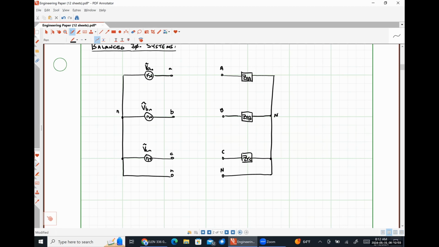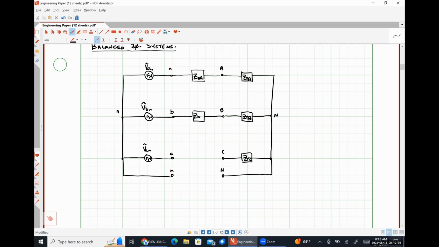And now I'm going to connect my source to my load using a transmission line network. So my A-phase conductor will have an impedance that I'm going to call ZWA. Actually, I'm going to make that a capital A just so it's consistent when I'm writing impedances.